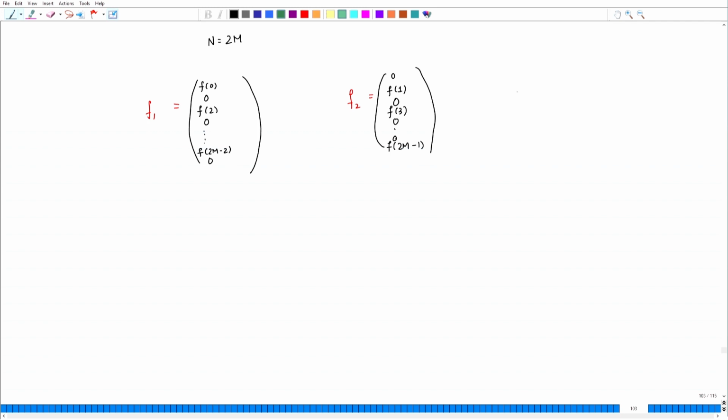Clearly, our function f is nothing but f1 plus f2.